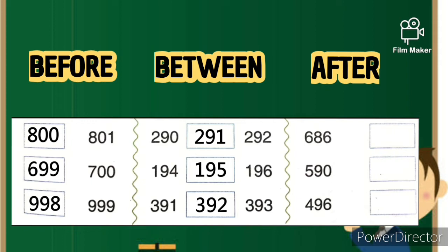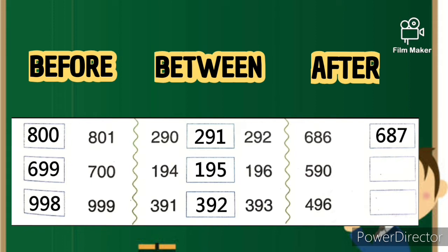Next, we have to write down what comes just after. Here also you have three questions. The first one is 686. So what comes just after this number is 687. So you will write down 687 in the block. Next is 590.